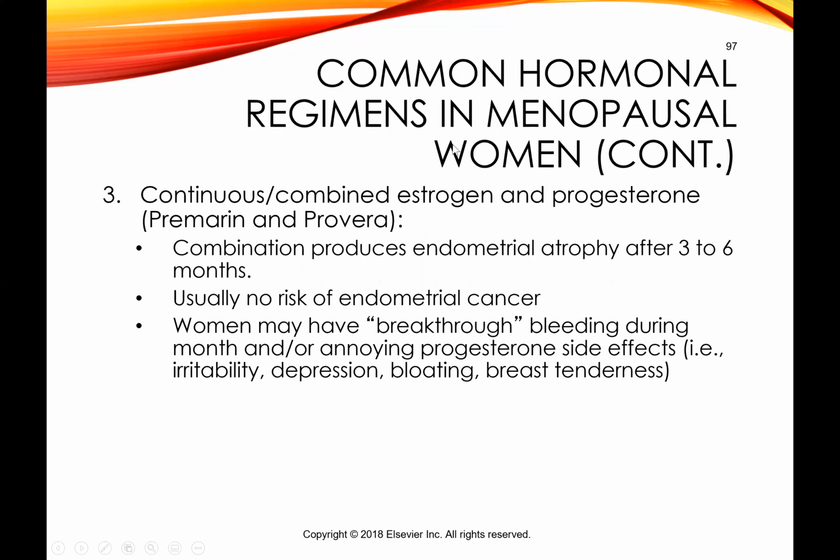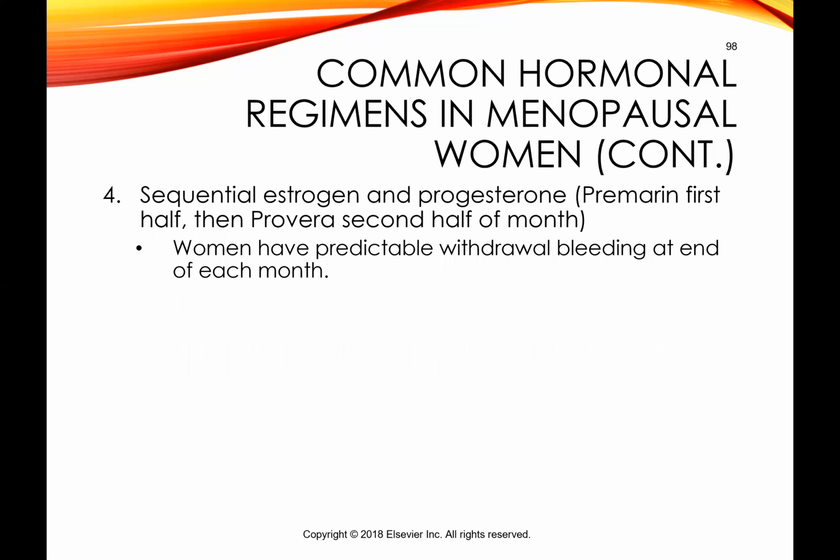Number 3, they'll do estrogen and then progesterone, which is another hormone regimen that they do for menopausal ladies. And then the last one, sequential estrogen and progesterone. So if they're on these, their endometrium is going to look different than if they are not receiving any hormones.